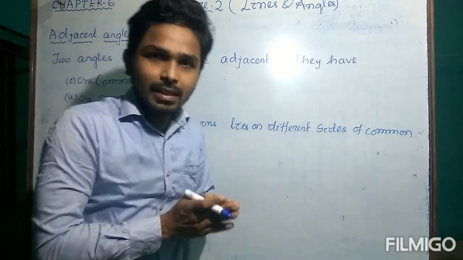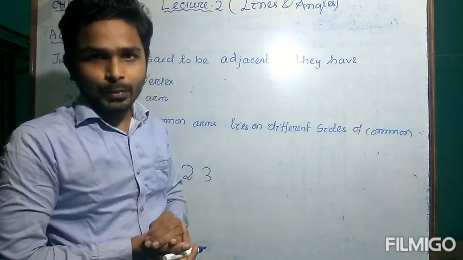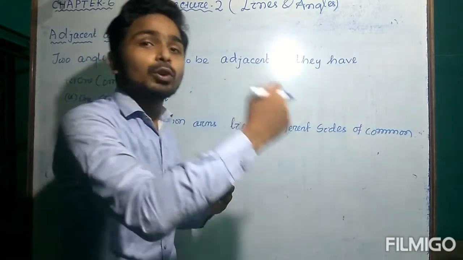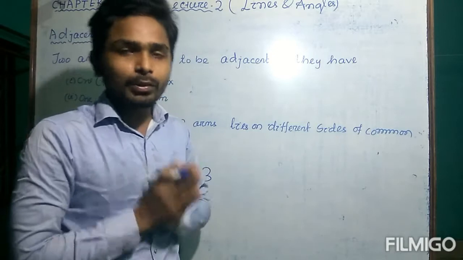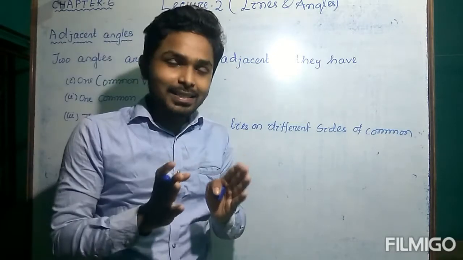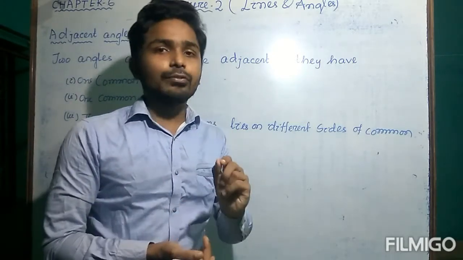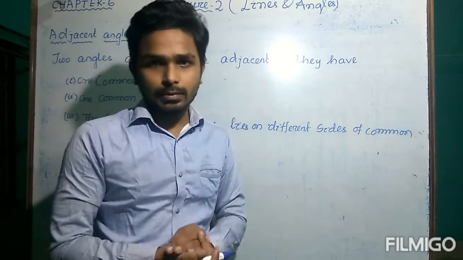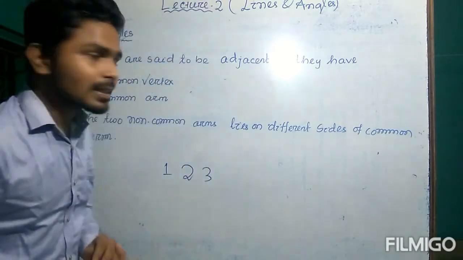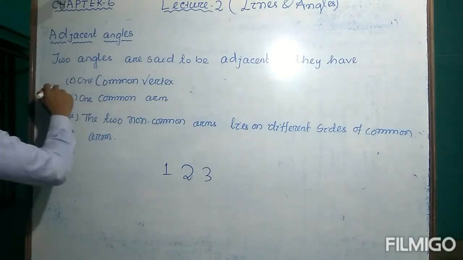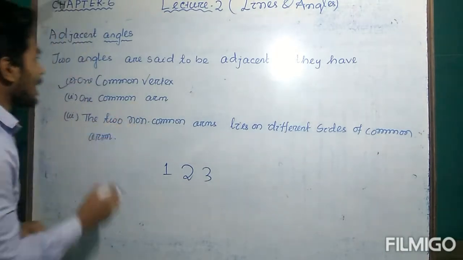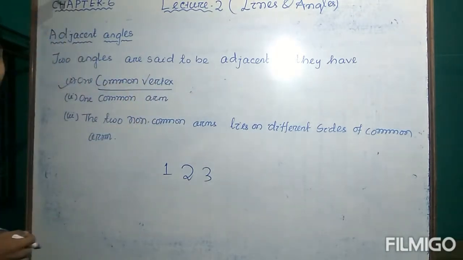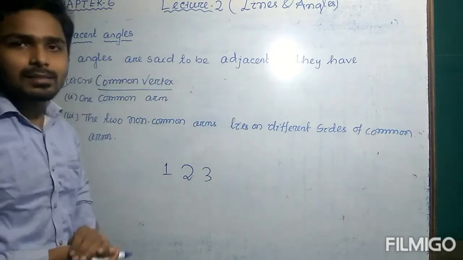Two angles are said to be adjacent if they follow three conditions. The first condition is that the two angles must have a common vertex. What is the meaning of common vertex?